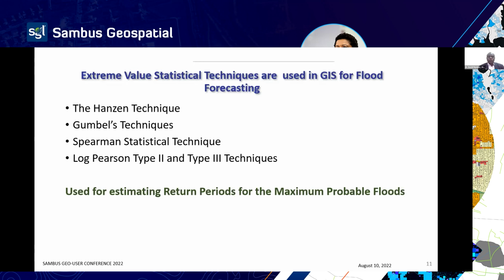So all these are used for return periods for the maximum probable floods. What this means is that every flood event or every hydrological or meteorological event like rainfall of high extremes has return or recurrence periods for which such an event could occur. And that is why often at times we hear communities say that, oh, the last time we saw this magnitude of rainfall was 40 years ago, 30 years ago, 10 years ago.